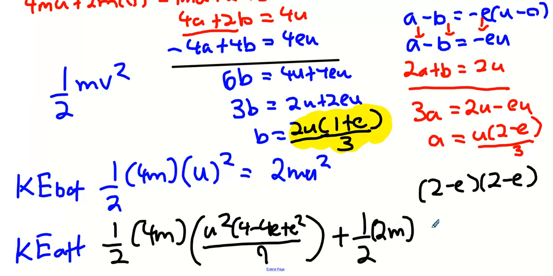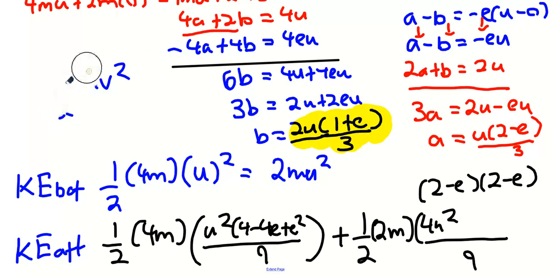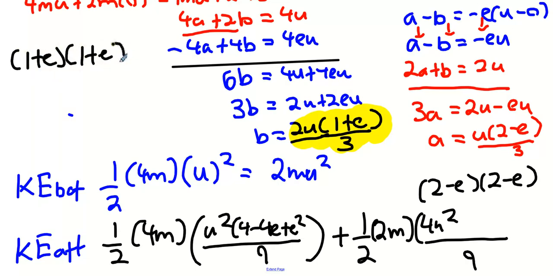So what happens when we square out b? 2u multiplied by another 2u, 4u squared, yeah. 3 multiplied by 3, 9 on the bottom. Now I'm going to have to do 1 plus e by another 1 plus e. So what's 1 plus e multiplied by another 1 plus e? Yeah, it's the 1. Yep, I'll just have it the other way around, but it's exactly the same answer.